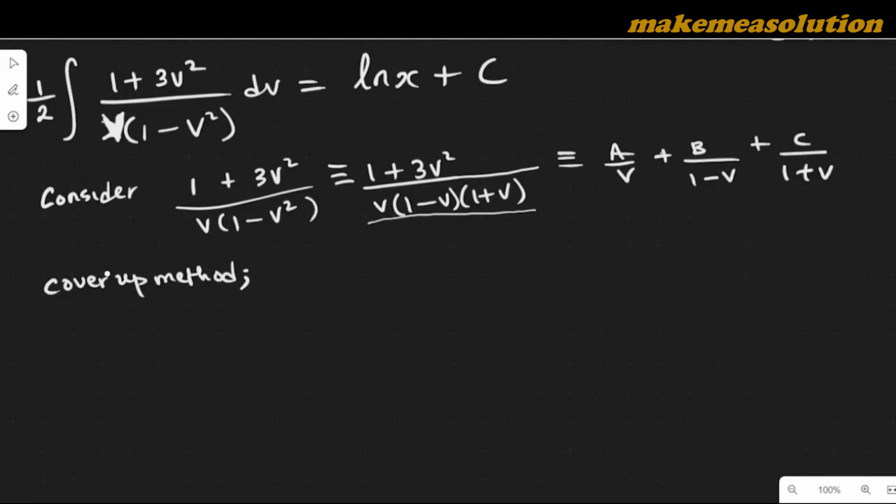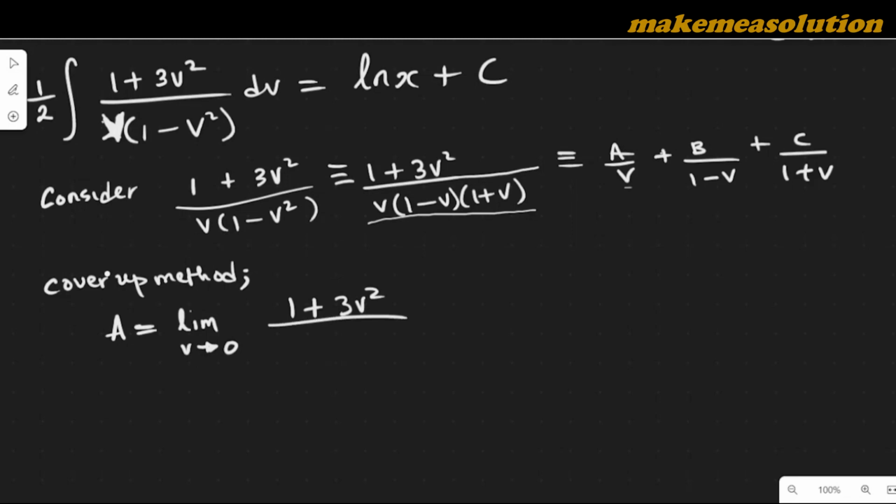So A, for instance, will be the limiting value. What is interesting about the cover-up method is that you just need to look at the linear factor under it, and ask yourself, what will I put into that linear factor to make it 0? Now the linear factor under A is v. Clearly v has to tend to whatever will make this linear factor 0, which is simply 0. So here is where the cover-up comes into play.